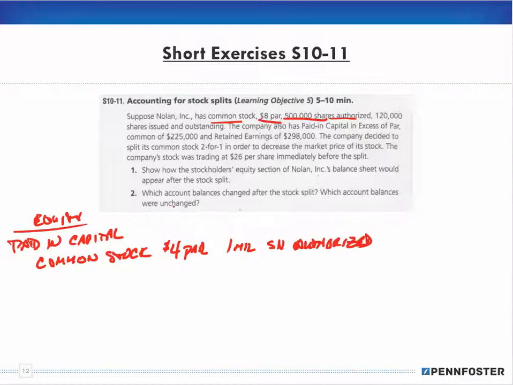Okay. 120,000 shares, since it's a 2 for 1 split. We cut the price in half, and so that's in half, but the number of shares doubles. Okay, that's because it's a 2 for 1 split. So we have 120 times 2 is 240,000 shares issued and outstanding.